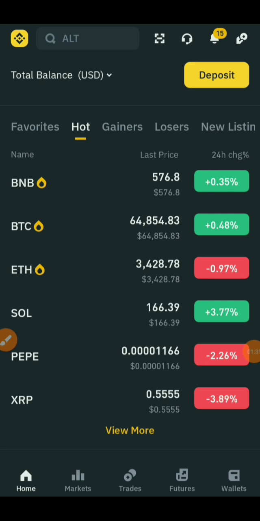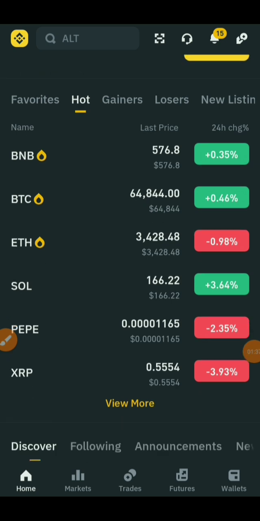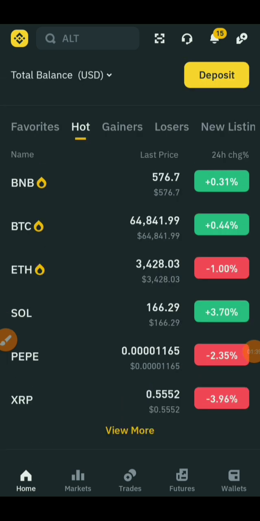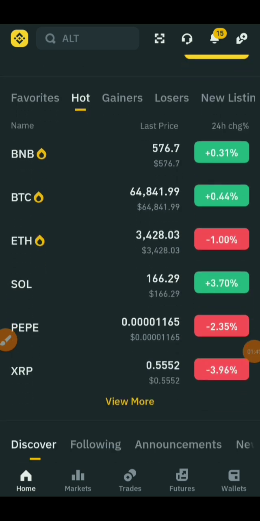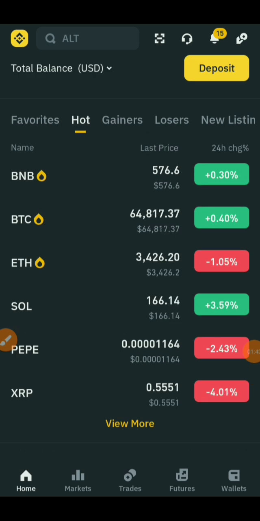So what we are going to do first is go to the Binance application, which is right here. And if you don't have Binance, there's a link in the description below, where you can register on Binance, complete your KYC, and head on to the game.